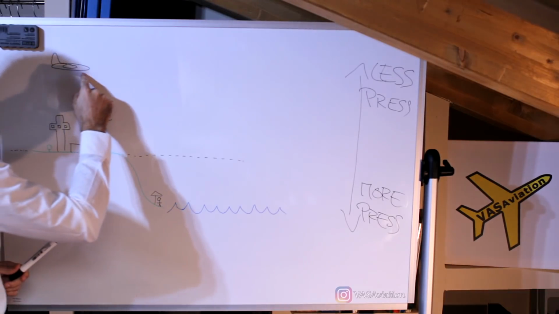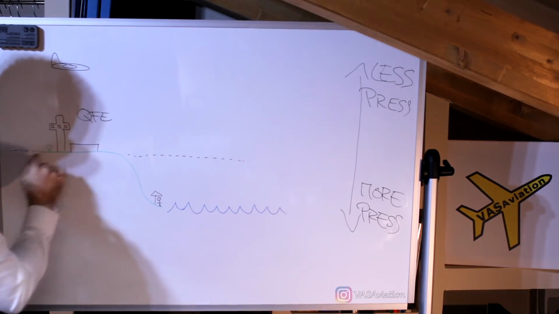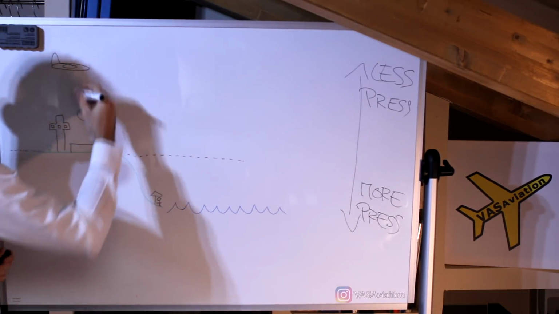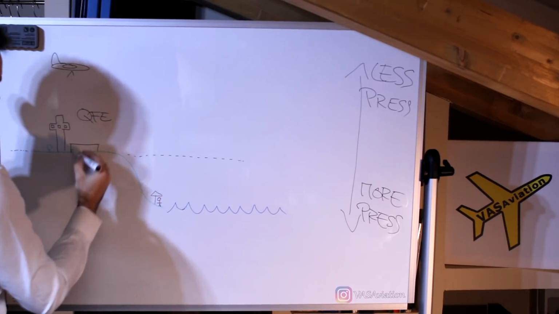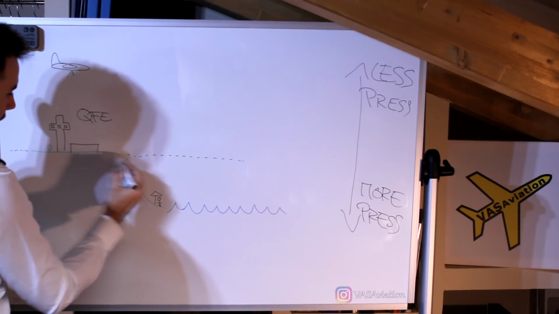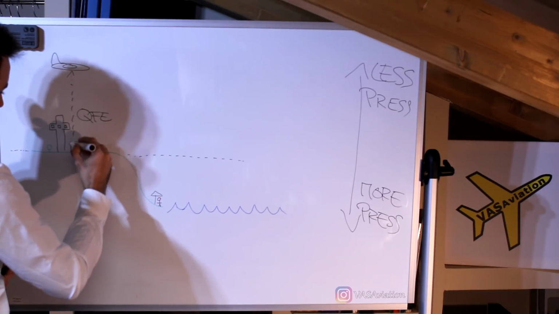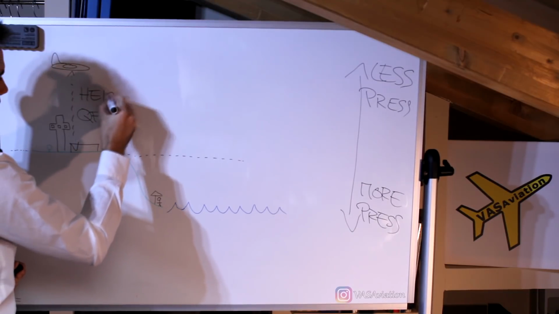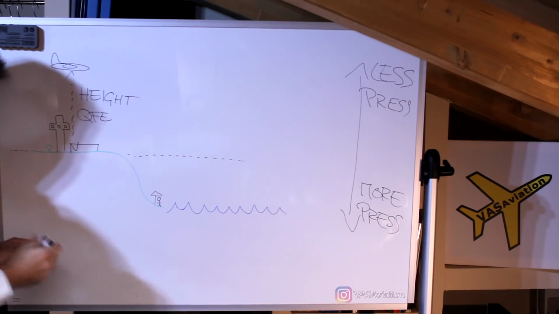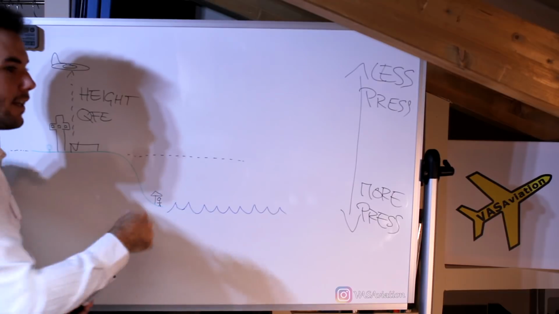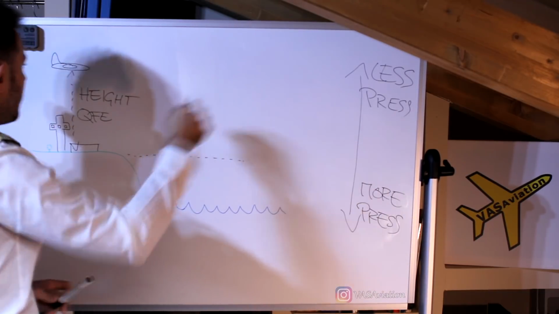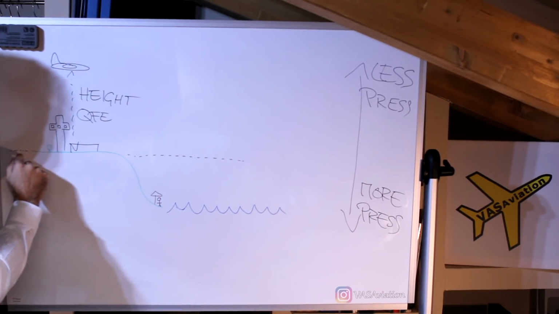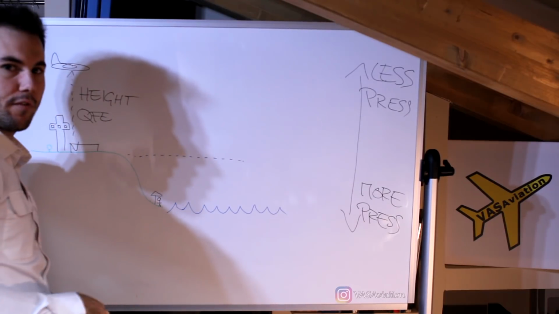So our altimeter will read the difference between our aircraft and the QFE datum. And this difference right here from our aircraft to the QFE, to this line, is called height. And height, it's the difference in level between our aircraft and a point on the surface of the earth.